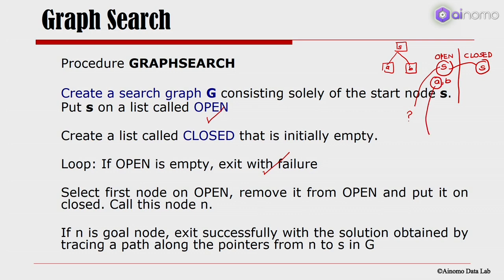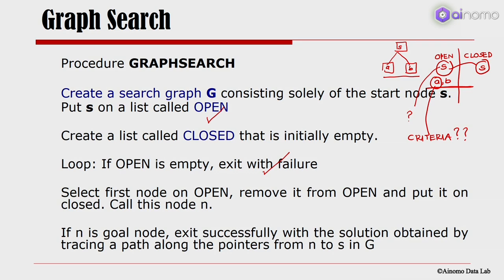Now one needs to remember that how I add A, B onto the open list will depend on what criteria I follow to arrange this. Later on we will see that if I am doing a breadth first search, everything is added to the end of the list. If I am doing a depth first search, I would add it to the beginning of the list.